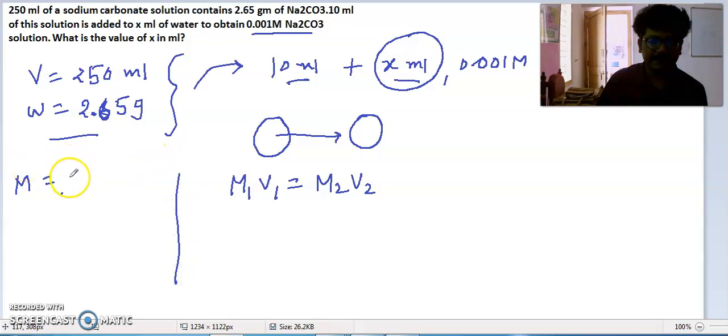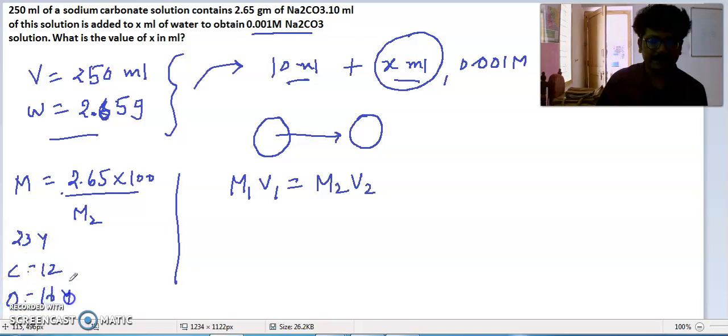So it is W, that is 2.65 multiplied by 1000, divided by the molecular mass of sodium carbonate. To find that out, sodium is 23 unified mass, carbon is 12 unified mass, and oxygen is 16 unified mass. So find the molarity of this solution, and the volume is 250 ml.